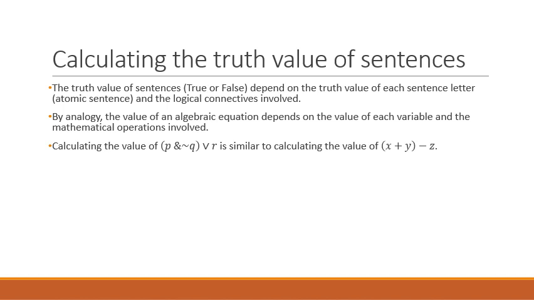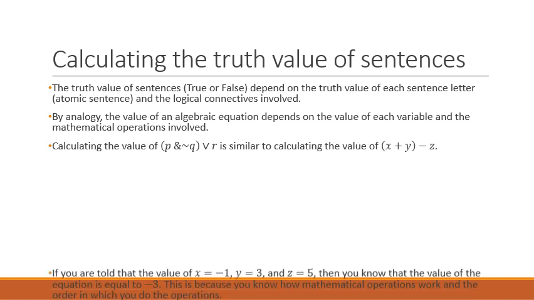So here's an example. Let's compare the value of this logical expression. On the left here we have P and not Q, which is a sentence that we've connected to R with an OR symbol. And then on the right is a fairly simple algebraic expression, x plus y minus z.